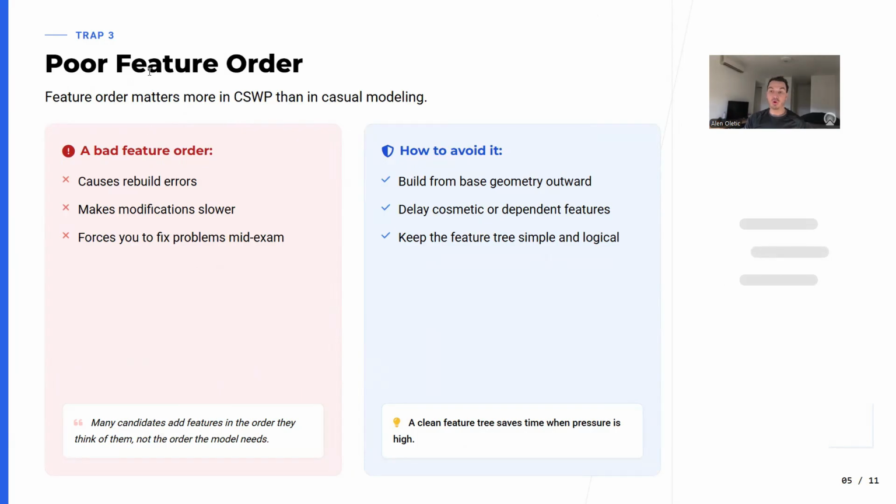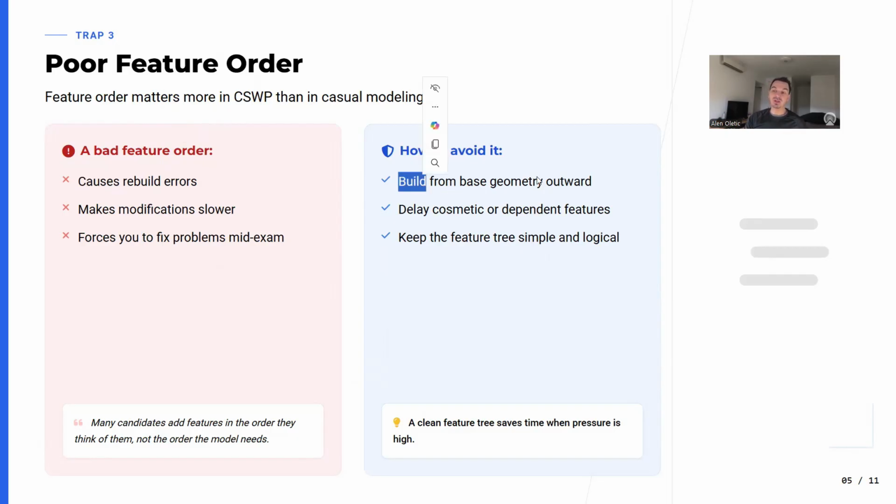Trap number three, poor feature order. The feature order matters more in CSWP than in casual modeling because a bad feature order causes rebuild errors, makes modifications slower, and forces you to fix problems in the middle of the exam. So how can you avoid these things?